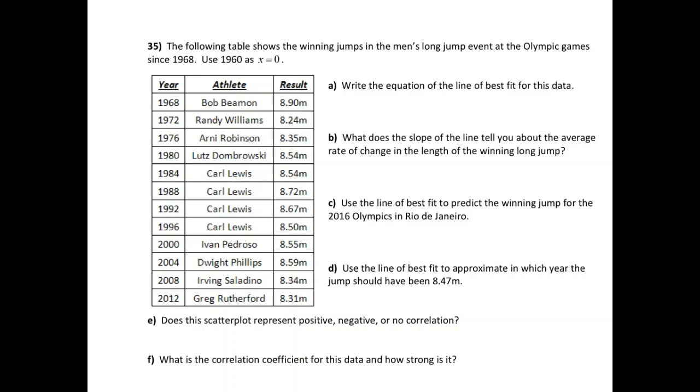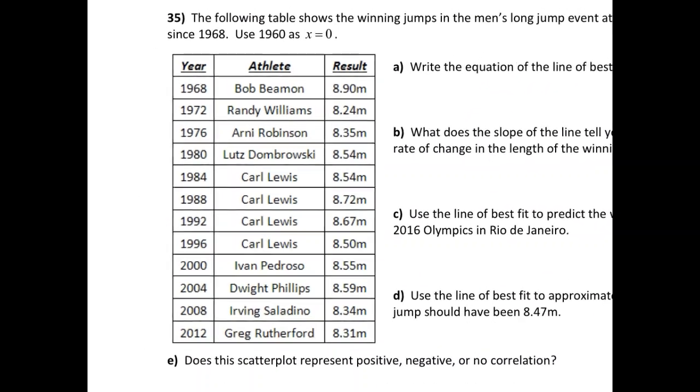So the first thing that you want to notice, let me read the problem with you. The following table shows the winning jumps in the men's long jump event at Olympic Games since 1968. Use 1960 as x equals 0.